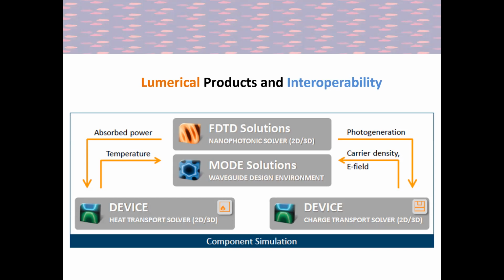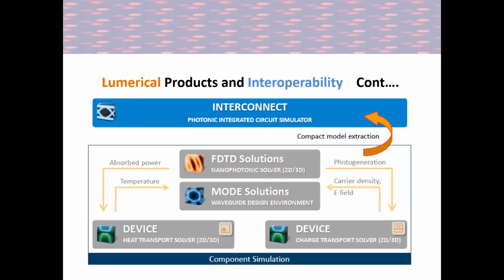So you can use device for the charge and the heat, and you can use the finite difference time domain for 3D nanophotonic devices and mode for photonic integrated circuits, mainly waveguide cells. So there is something called interconnect. If you remember when we studied in the earlier years at university in electronics or physics, there is a lot of software where you can drag and drop diodes and wires, copper wires, diodes and resistors, to create an electronic circuit.